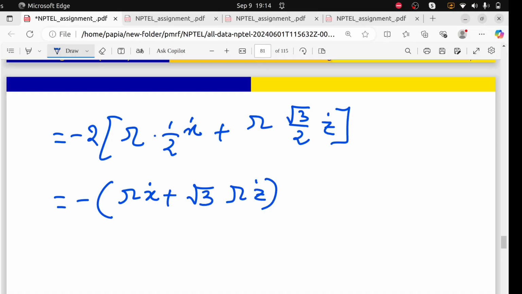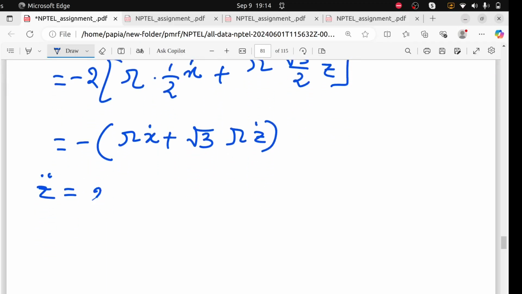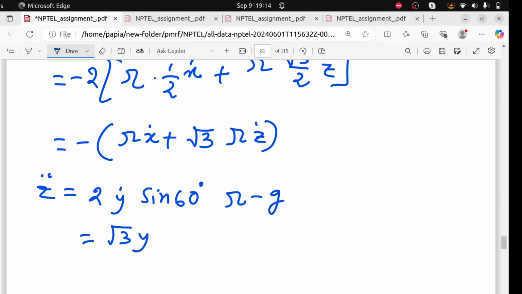Okay, and what about z double dot? Z double dot will give me 2 y dot sin 60 degrees omega minus g. So this is root 3 y dot omega minus g.